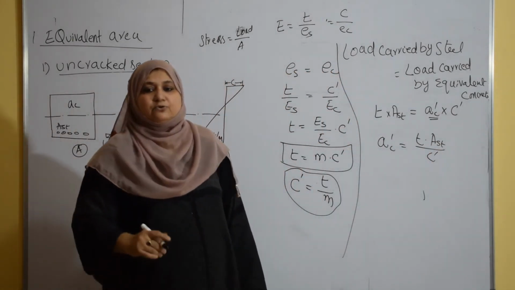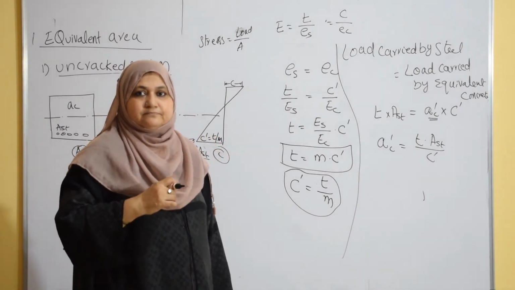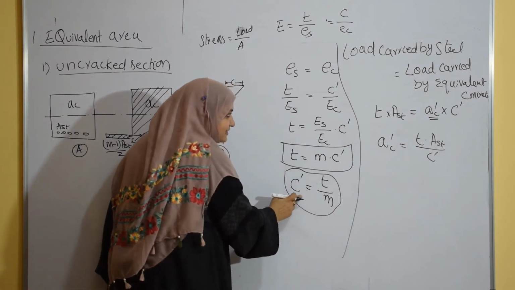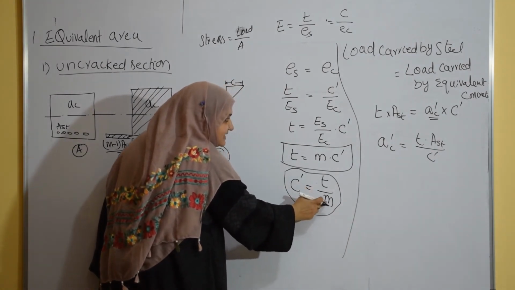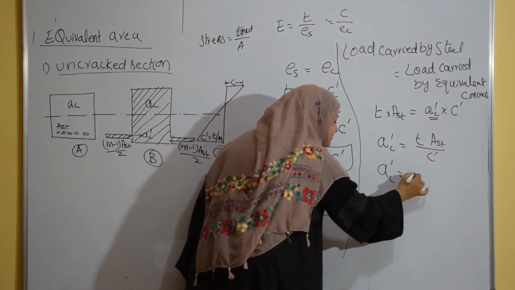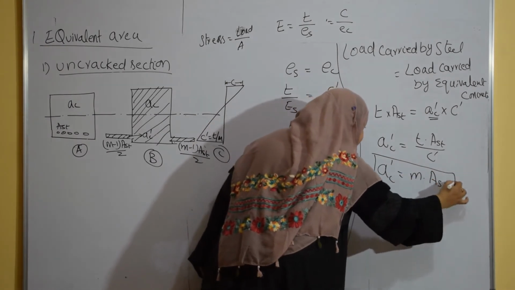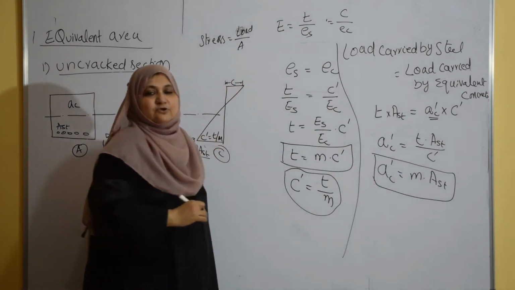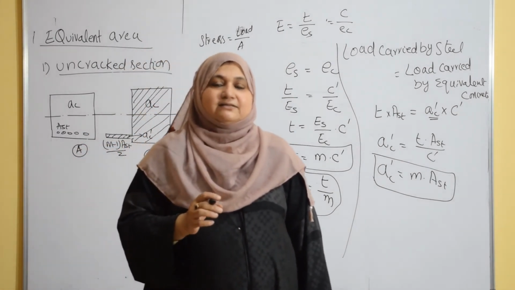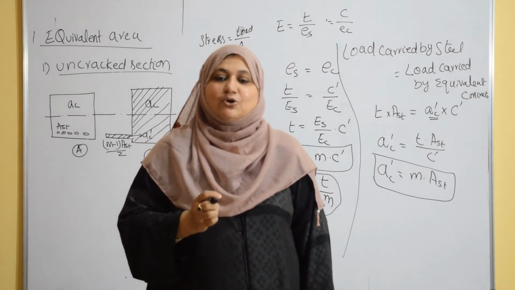We have a relationship here: T by C dash is equal to M. So the equivalent area of concrete is equal to M into AST. If you want the steel area in terms of concrete, then simply multiply the area of steel with modular ratio M.